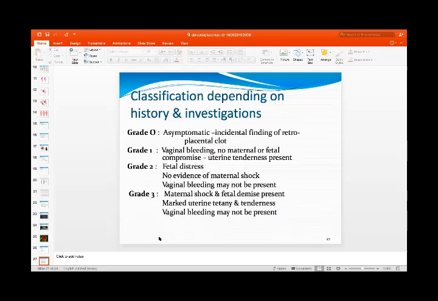Uterine tenderness is present. Grade 2: when there is fetal distress, but there is no maternal evidence of shock. Vaginal bleeding may not be present. In grade 3: maternal shock with fetal demise, marked uterine tetany and tenderness, and vaginal bleeding may or may not be present.